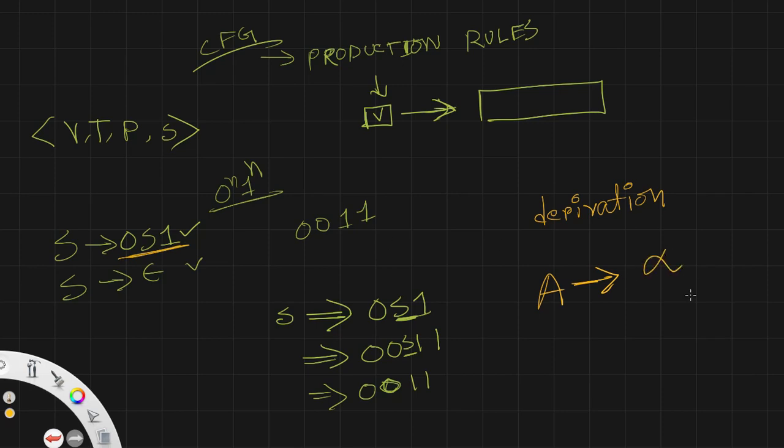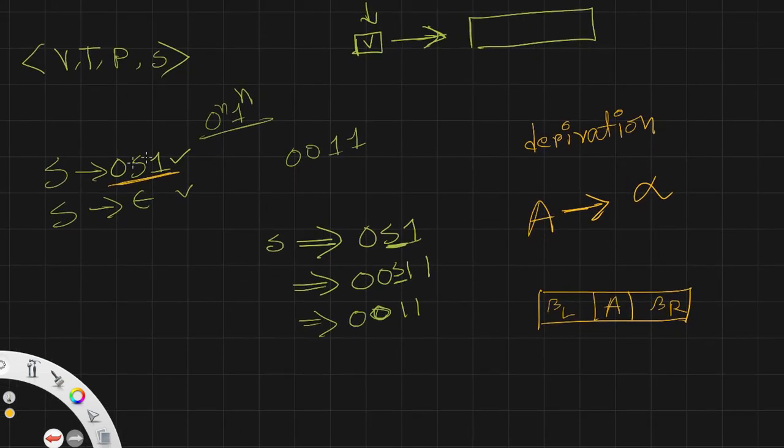And we have a string that has an A somewhere, with other things on the left and right, let's say beta left and beta right. There can be other variables and terminals on each side, not my concern right now. Just like here, we had a variable, and on the left and right we had other terminals.